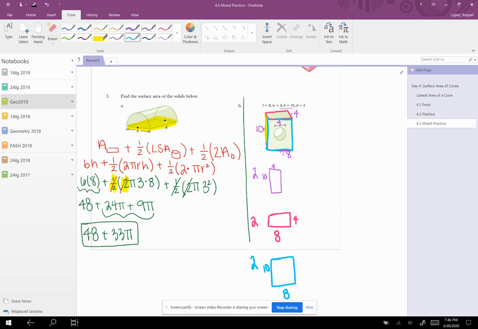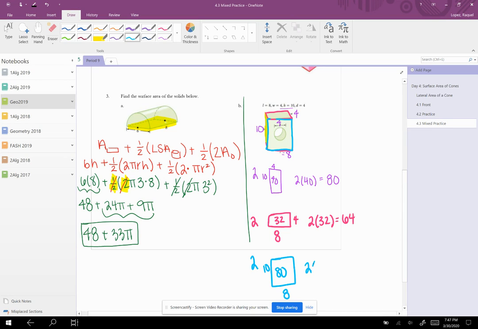Now I'm going to go ahead and start finding areas. So in that purple one, 10 times 4, that's 40. But I've got 2 of those. So 2 times 40 is going to give us 80. Let's move on to the pink one. 8 times 4 is 32. So that's the area of 1, but I've got 2 of those. So 2 times 32 is 64. And then in that last one, 10 times 8 is 80.